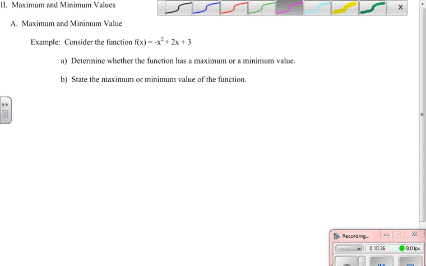The minute I look at this function right here, this a value, a is -1, and that tells me that this is going to open down. And as soon as I know it opens down, that tells me I'm going to be looking for a max value. And so the place where I look is at the vertex.